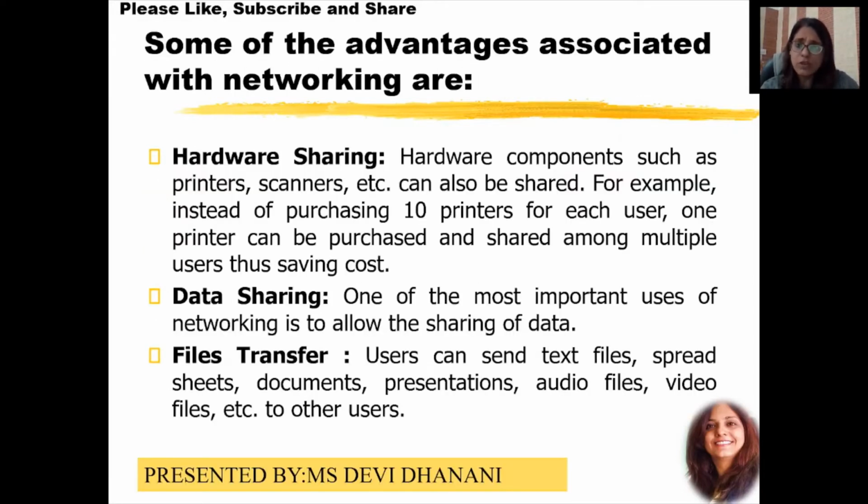So if I talk about hardware, what is meant by hardware? As I've given the example to you, hardware components such as printers, scanners, etc. can be shared on a computer network. Instead of purchasing 10 printers for each user, one printer can be purchased and shared among multiple users. It basically saves the cost. So it is an added advantage over there.